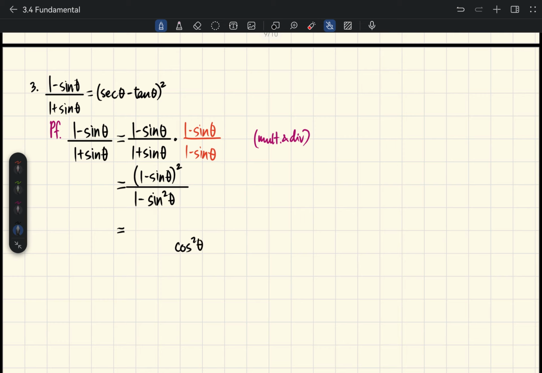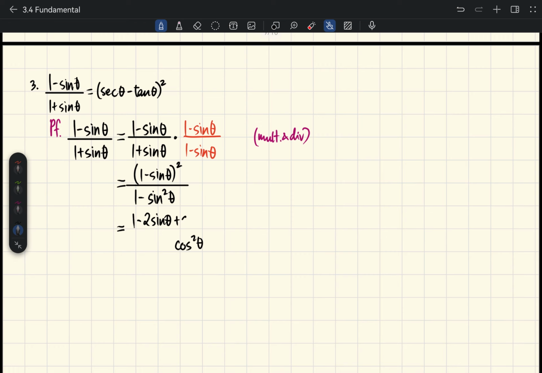And for the numerator, we can expand this expression right here. So we have the square of a binomial, that's just this one squared. So that's 1 minus 2 times the product of this one. So we have minus 2 sine theta.